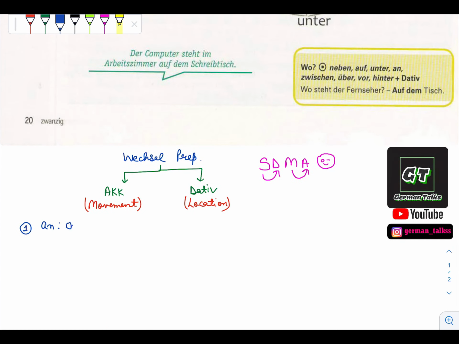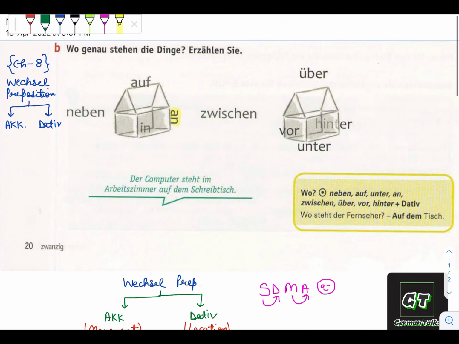An means on, at, or at the age of. This on we use for a vertical surface.